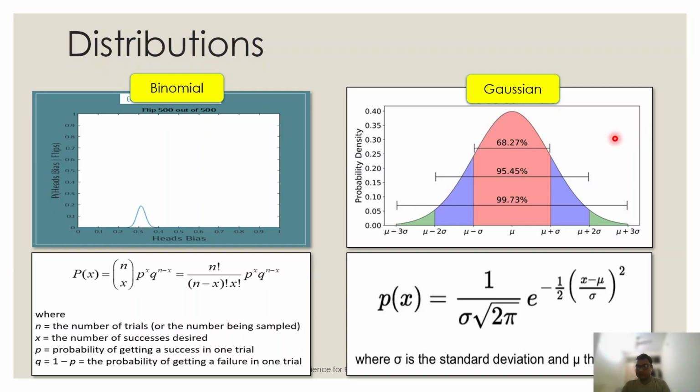When you plot all those, you end up with a bell-shaped curve. So the height of a human being comes from the normal distribution.